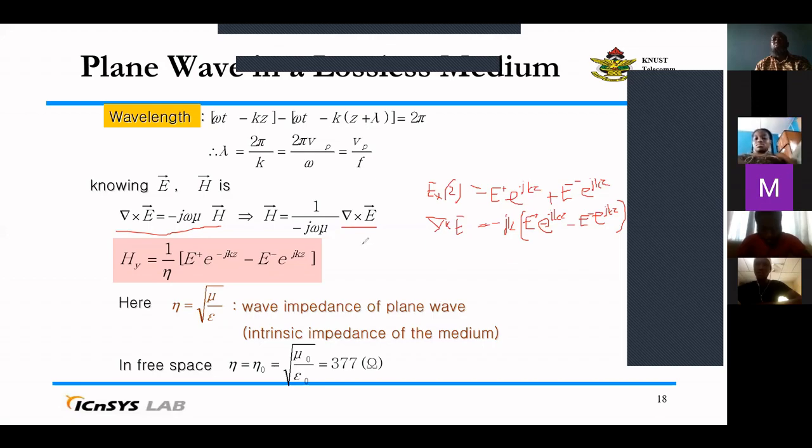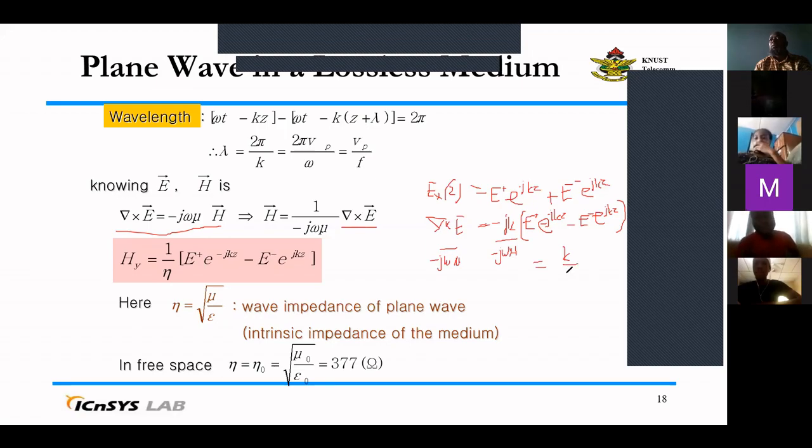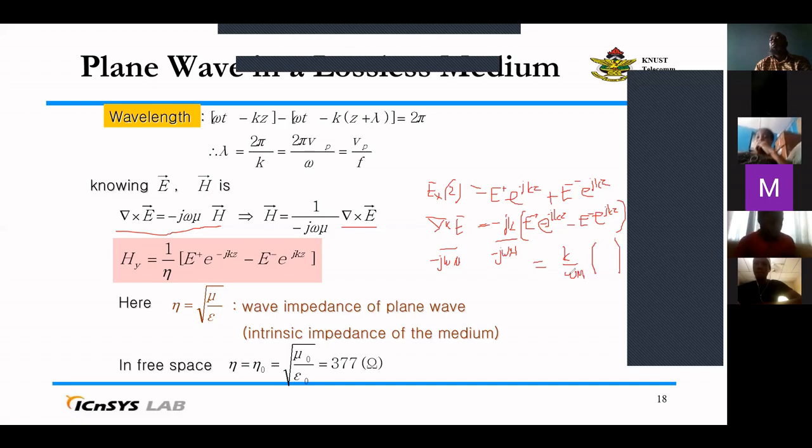So it means that we need 1 over minus J omega mu times curl of E to get H. And if you divide this by minus J omega mu, this will also be divided by minus J omega mu. So minus J cancels out and you simply have what? K divided by omega mu times the whole of this.